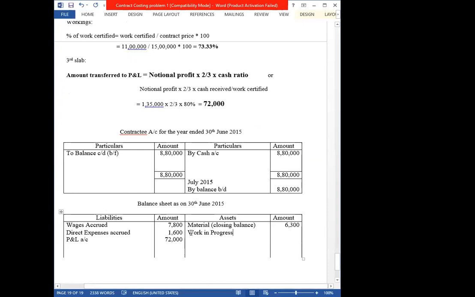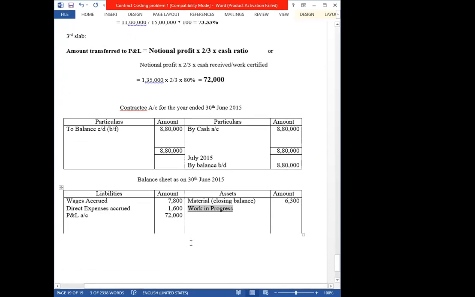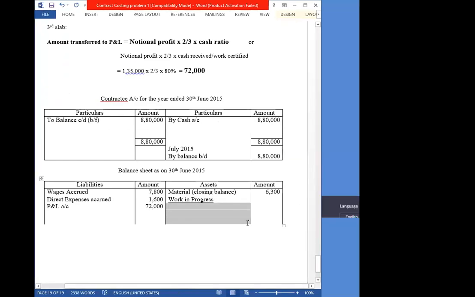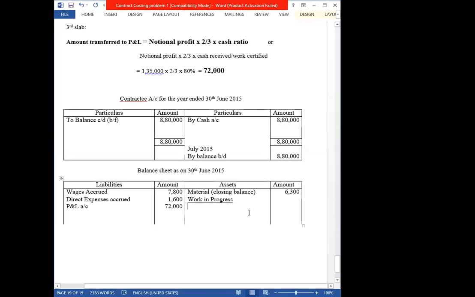I'm going to underline this because there are adjustments and all. So work in progress. Under this, work certified. How much is the amount of work certified? I think 11 lakhs. Next is work not certified.